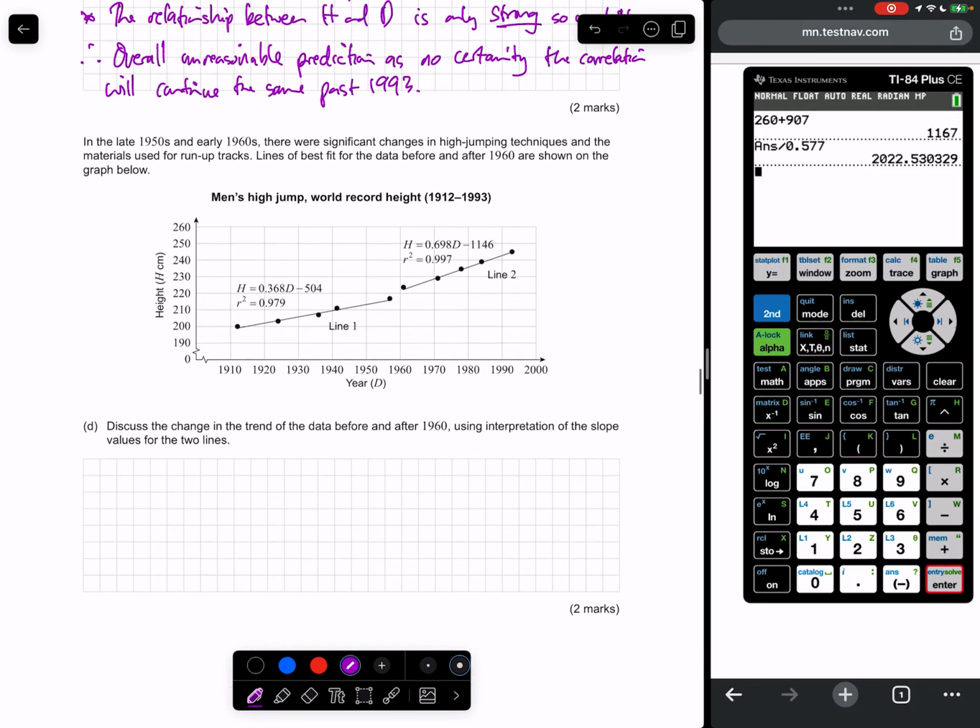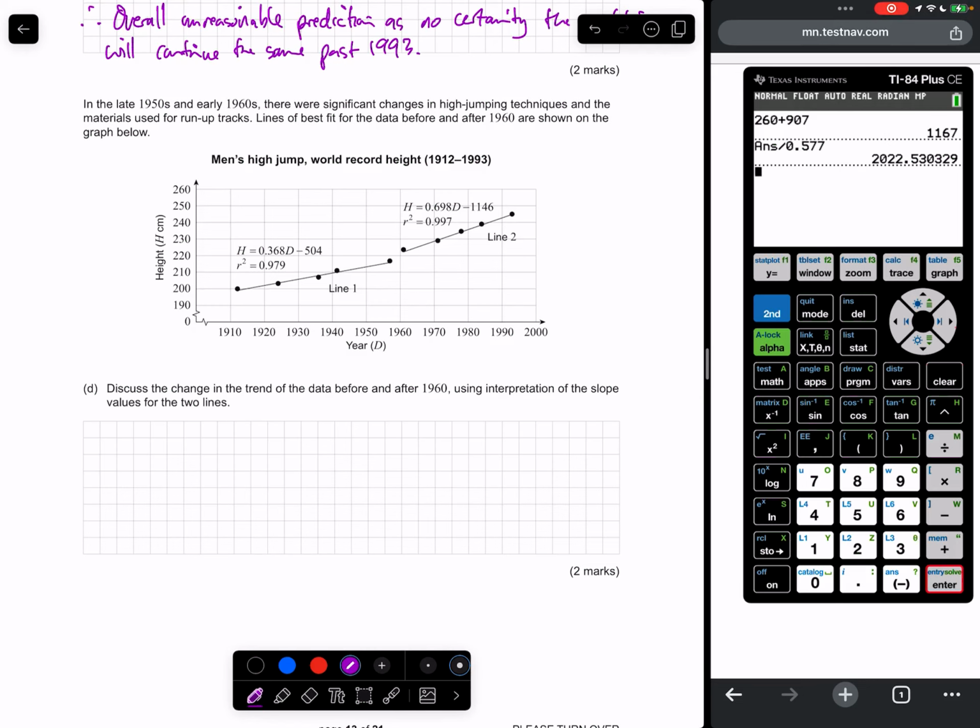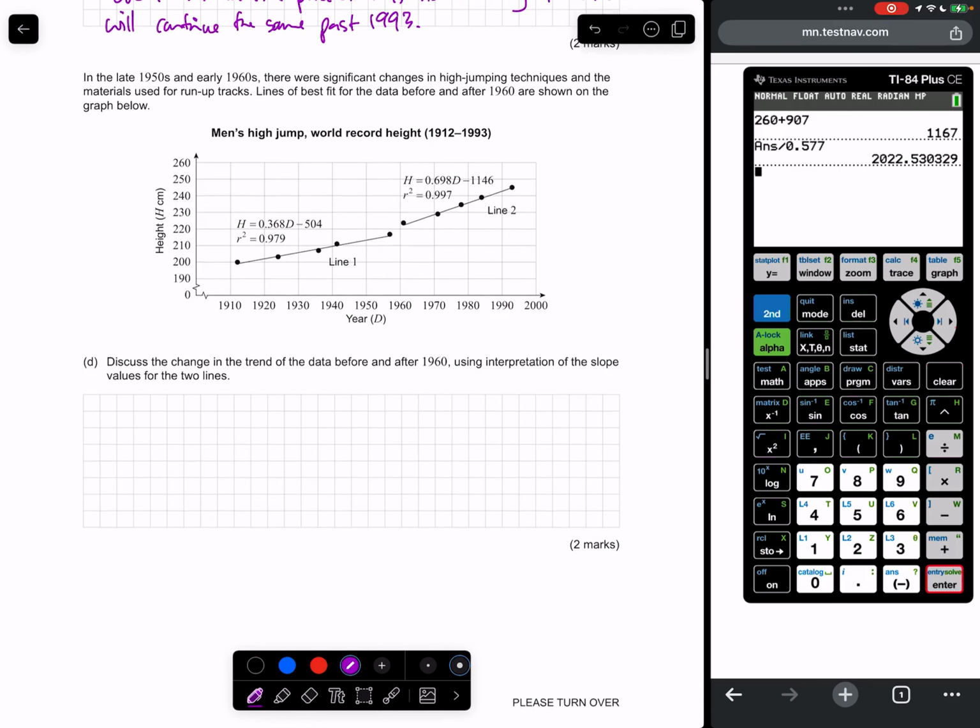In the late 1950s and early 1960s, there were significant changes in jumping techniques and materials used for run-up tracks. Lines of best fit for the data before and after 1960 are shown. Before 1960, records were increasing 0.368 centimeters each year.